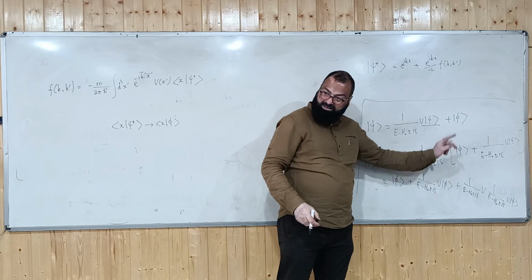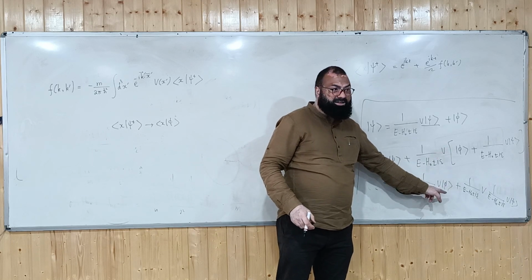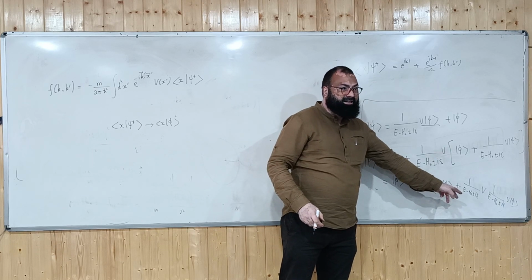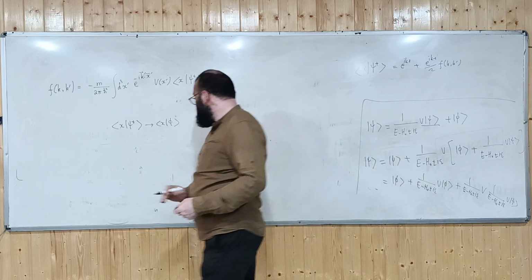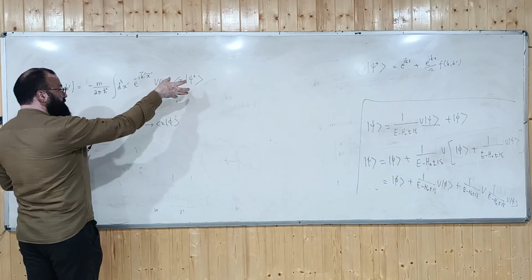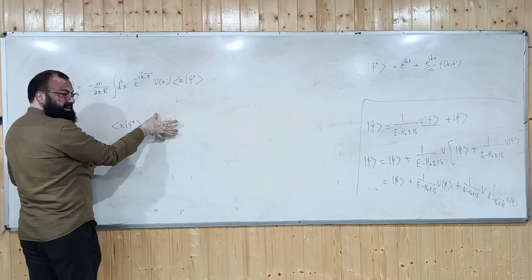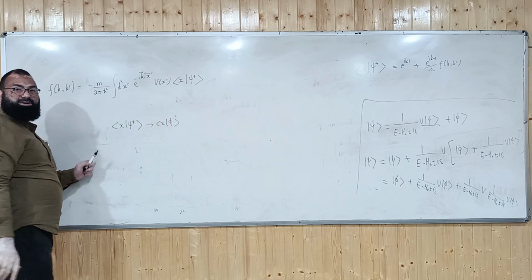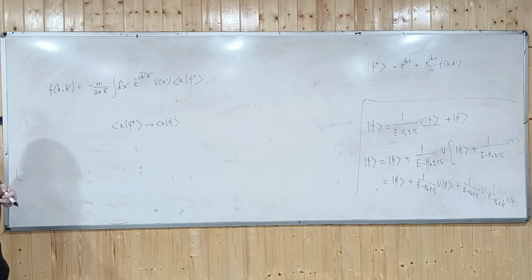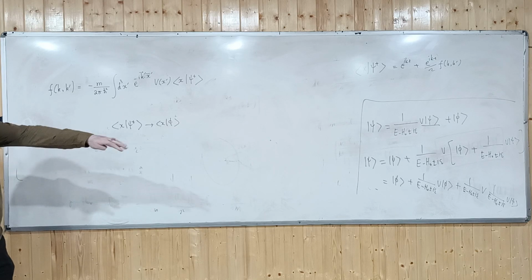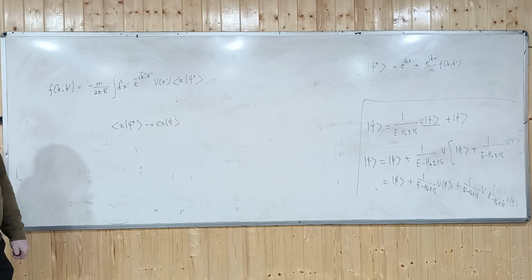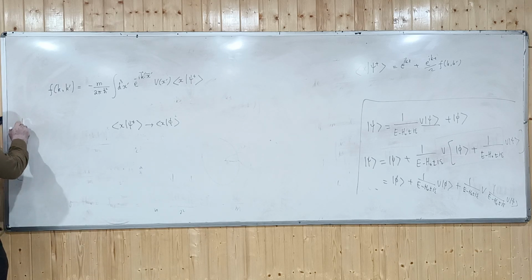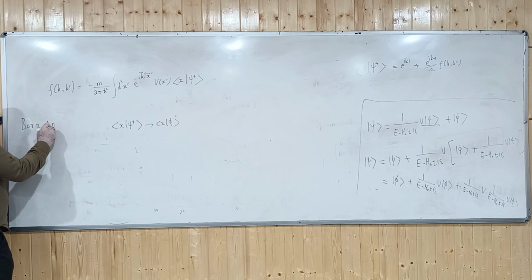You can insert the completeness condition, and you will get again what? x phi. Clear? You got my point? So if you are replacing this term by this term, we call this approximation the Born approximation. Got it? And that is actually known as the Born series. So we have the first Born approximation.